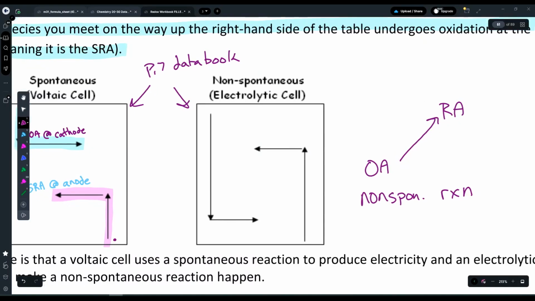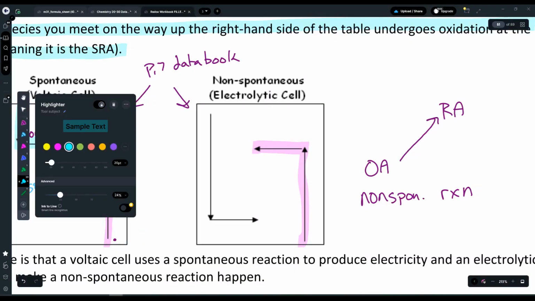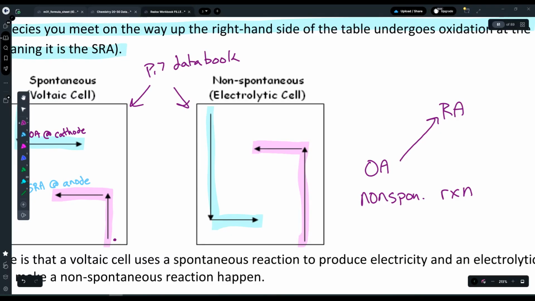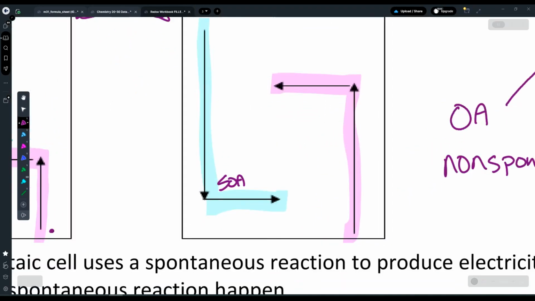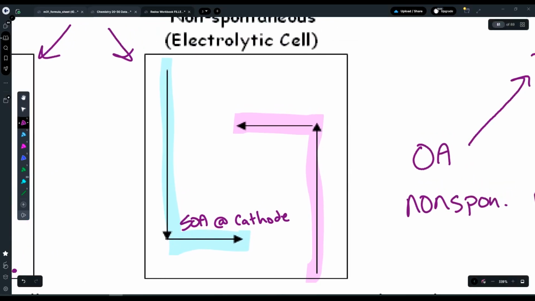Okay, so what it's going to look like when you select your chemical species here: your reaction for your strongest oxidizing agent, the reaction that occurs at the cathode, is going to be below your strongest reducing agent reaction that happens at the anode.